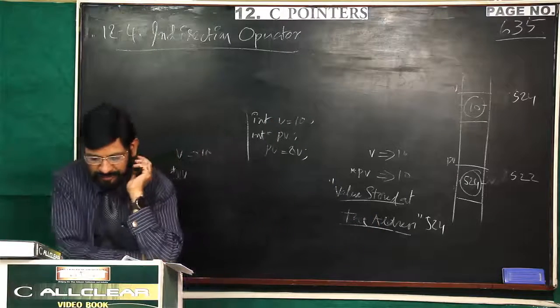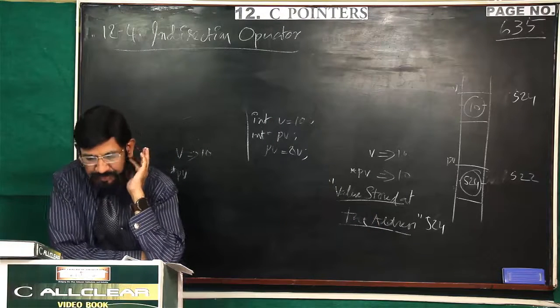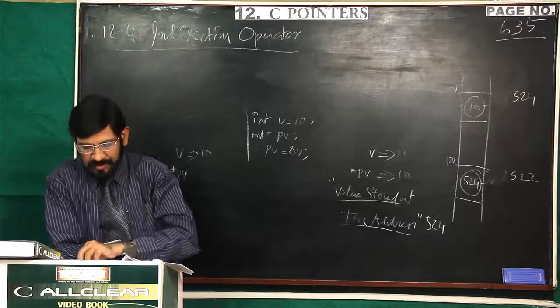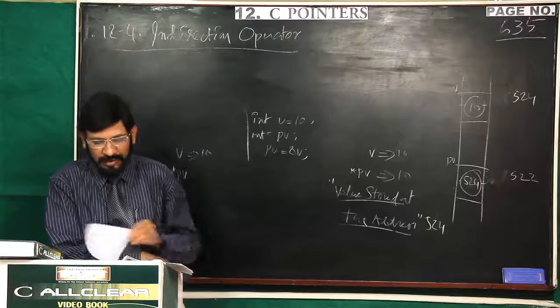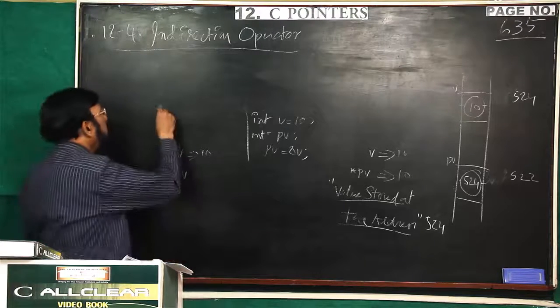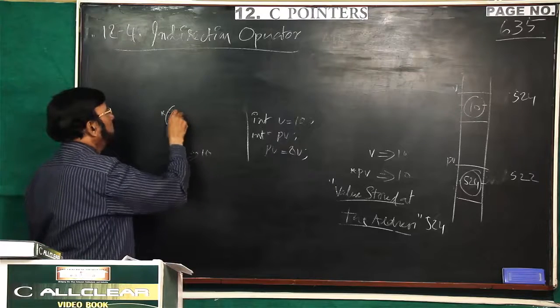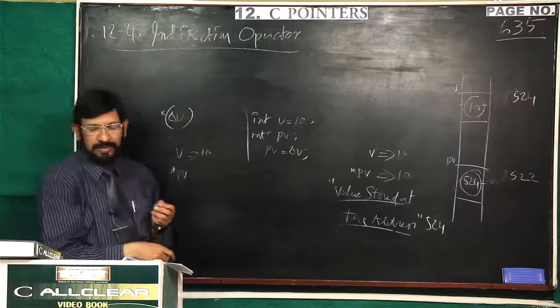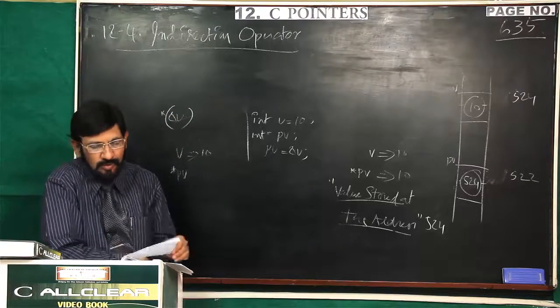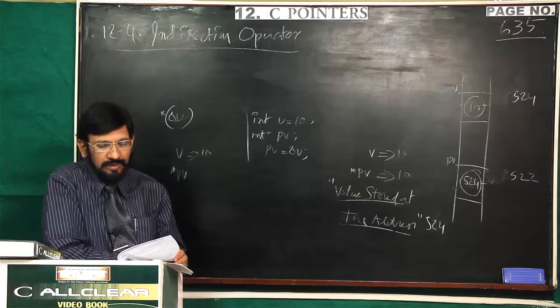Now you are writing that star PV, then that is also 10, and star &V is nothing but V, because we assigned that value only, then that is also 10.